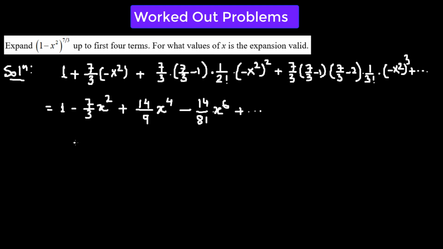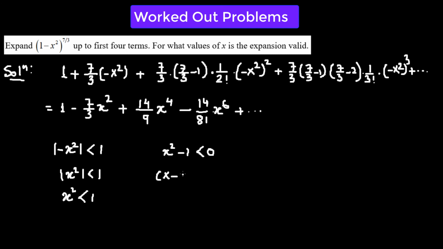Now we'll find the values of x for which the given expansion will be valid. So we need the absolute value of x squared to be less than 1, and the absolute value of x squared is simply x squared, which is less than 1. That gives us x squared minus 1 is less than 0.